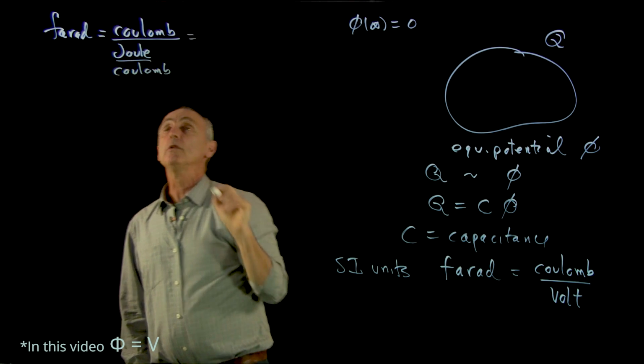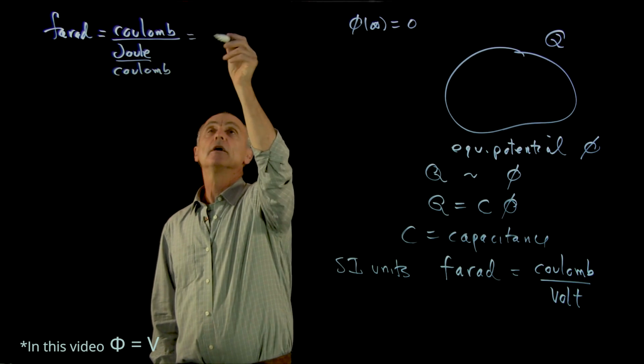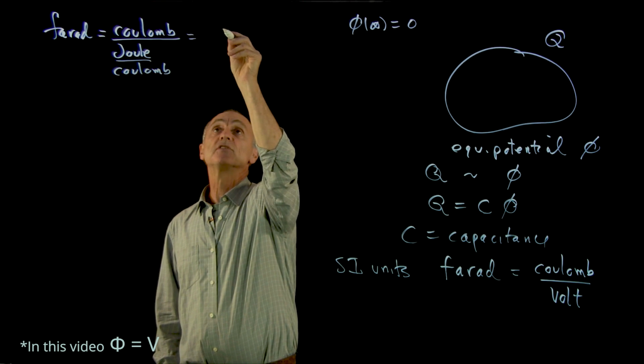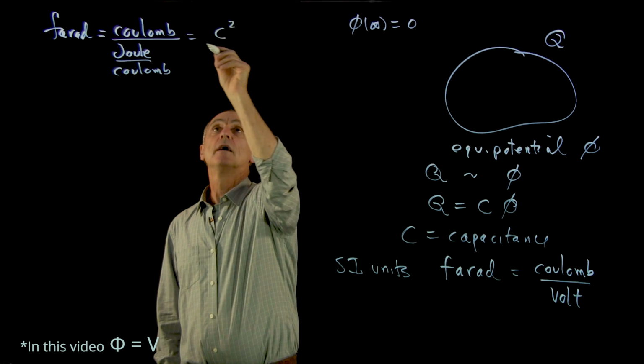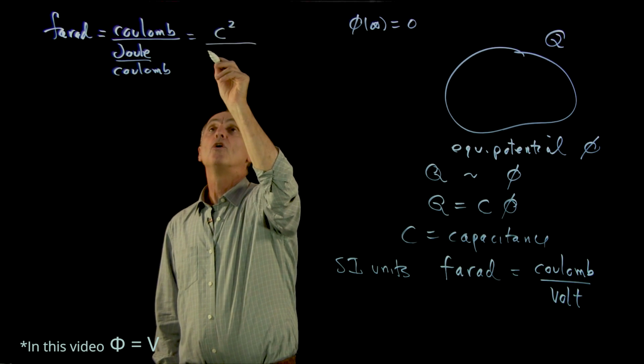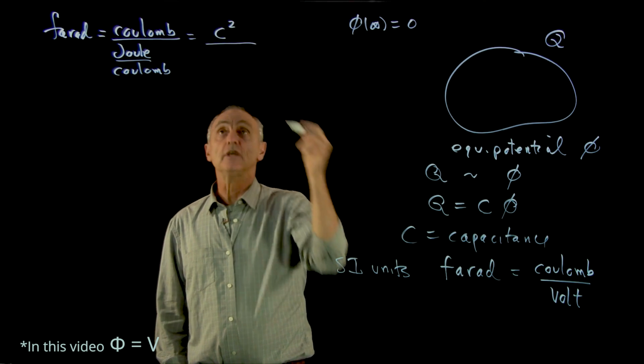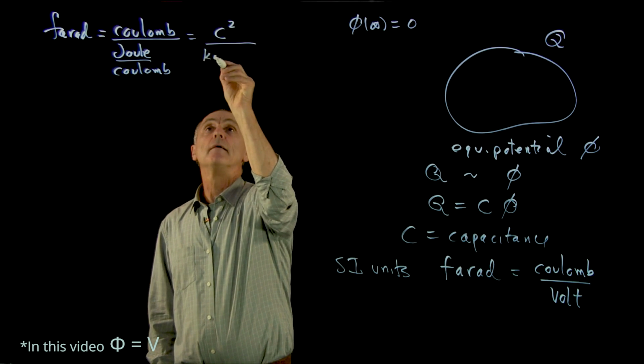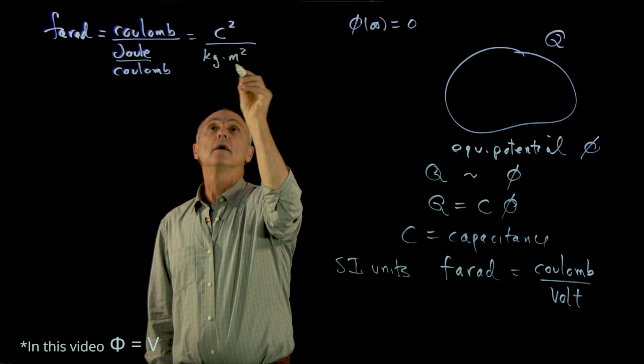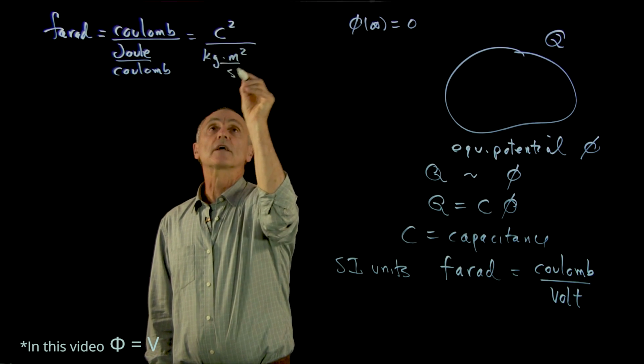And we'll use C squared for coulombs squared, divided by a joule, which, if you want to think about it, is just energy. It's a kilogram meter squared per second squared.